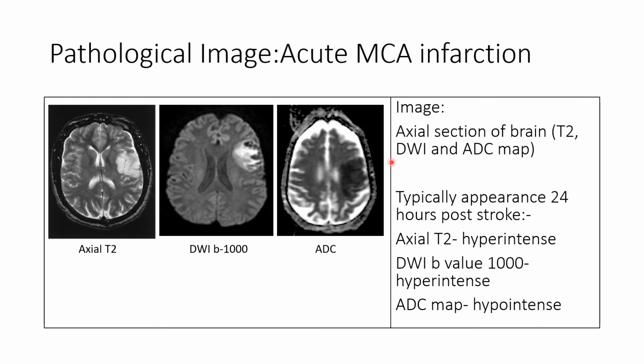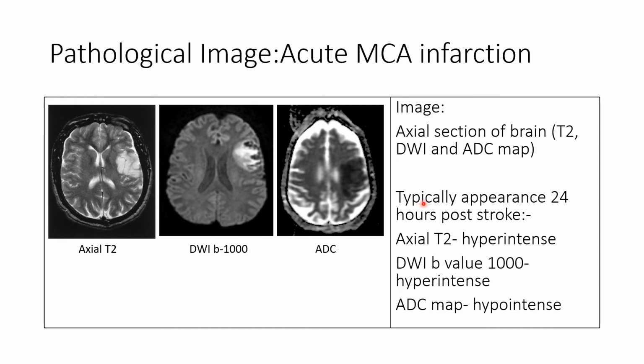This is an axial section of the brain for axial T2, diffusion weighted imaging at b value 1000, and ADC map. ADC is apparent diffusion coefficient.